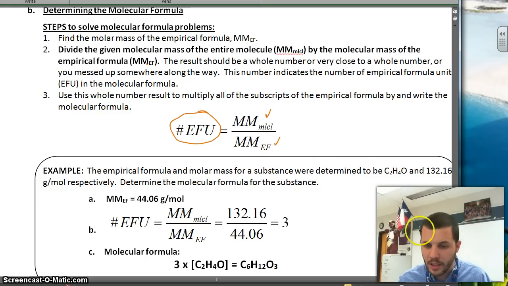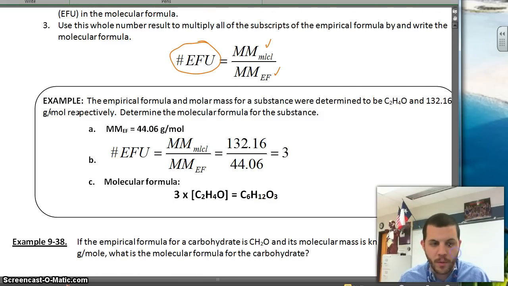Okay? So, for instance, right here, if I've got this problem: the empirical formula and molar mass of a substance were determined to be C2H4O and 132.16 grams per mole respectively, determine the molecular formula. Okay, so how do I know the molar mass of the empirical formula? Because this is the empirical formula, you just determine what it is.